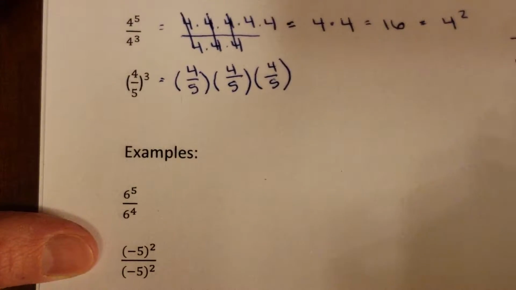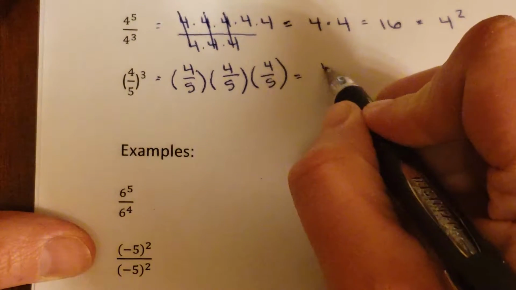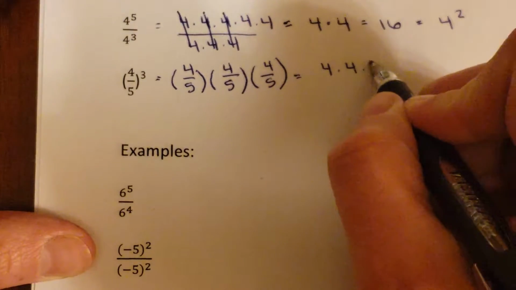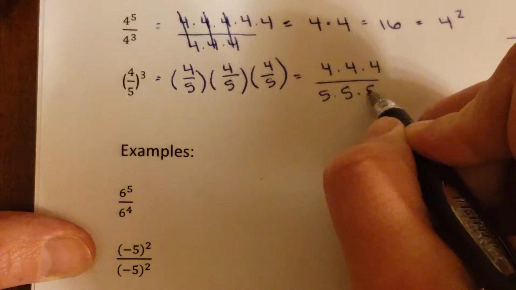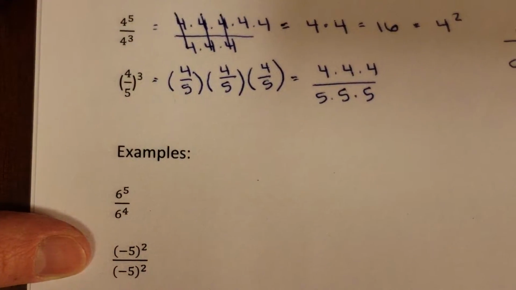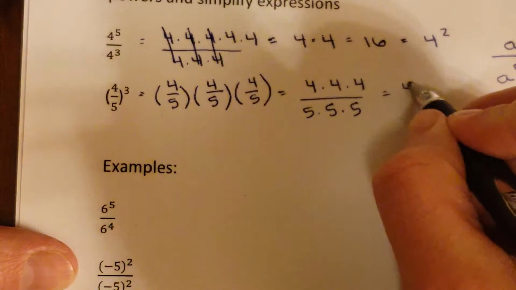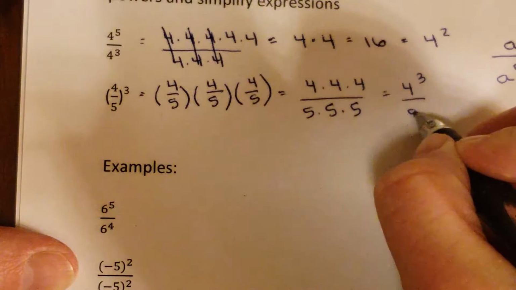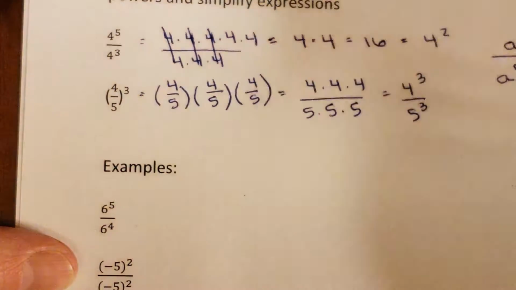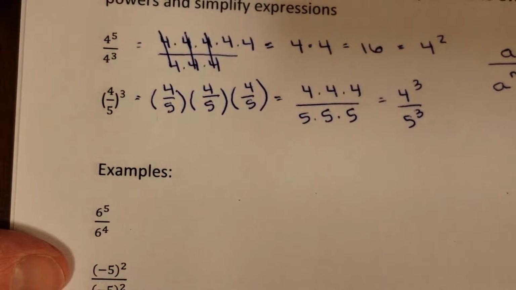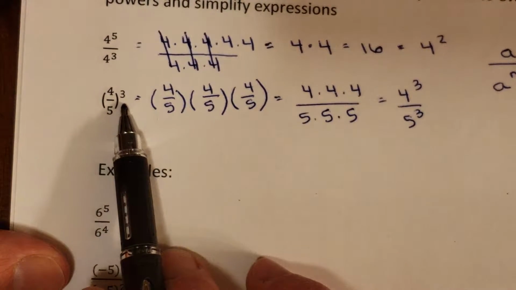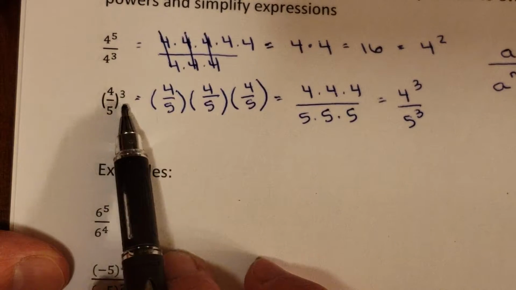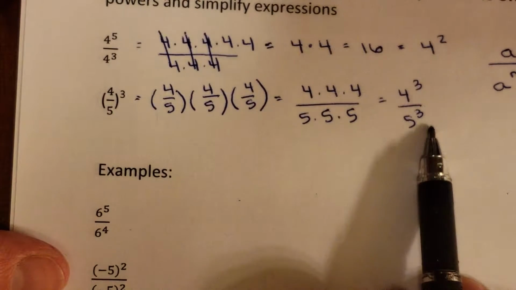Or we know we could do the same like this, which we know is the same as this. And we could solve that out and simplify. But the point I want to make is, how do we go from our original expression 4/5 cubed to 4 cubed over 5 cubed?